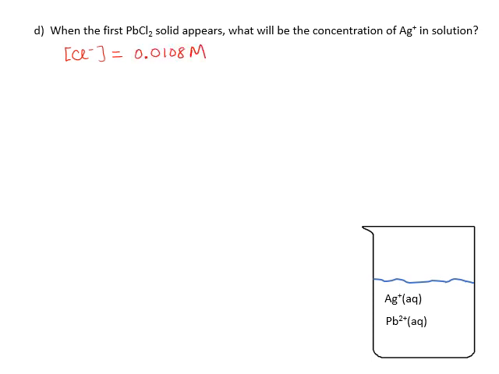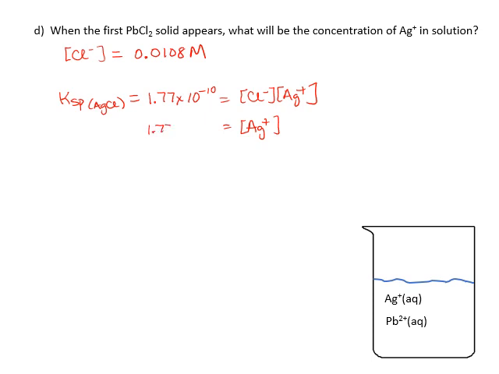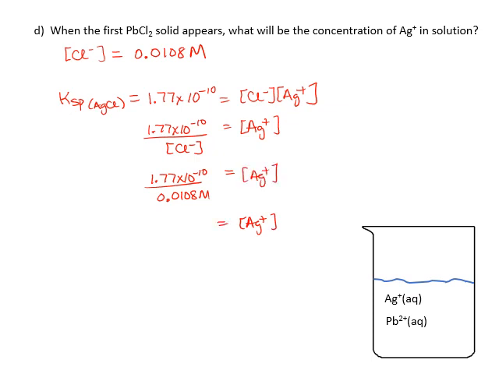If we go back to the KSP expression for silver chloride, and solve it for silver ion concentration, when the chloride is 0.0108 molar, the silver ion concentration is going to be 1.6 times 10 to the minus 8 molar.